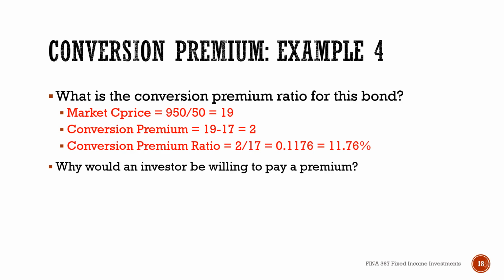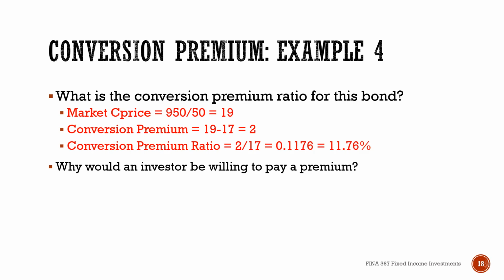In that case, the conversion value will increase too, and at some point it will be greater than the straight value. So in this case, the investor will get to participate in the upside of the issuer's equity. On the other hand, if the stock price falls, the investor can always choose to keep the bond and therefore keep the straight value of the bond.